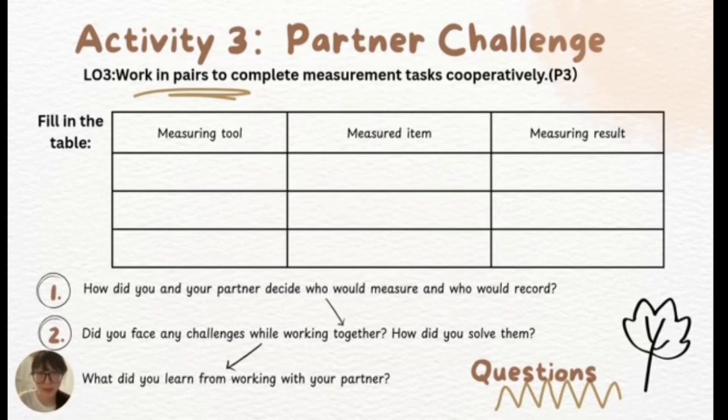The whole Activity 3 can not only help students understand the concept of measurement, but also develop their ability to cooperate and sense of responsibility. As teachers, we can observe their interaction in the activity and give them correct guidance in time. So that's all.